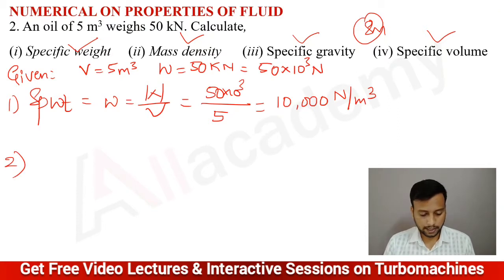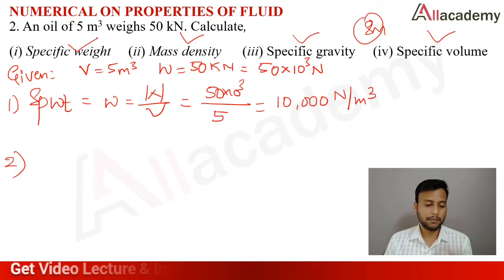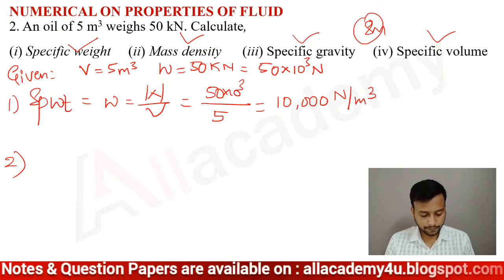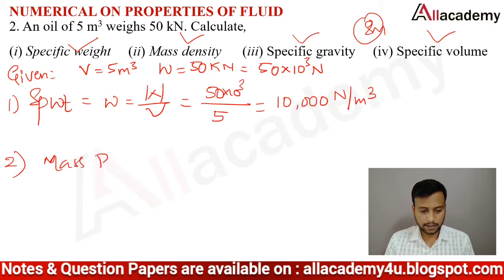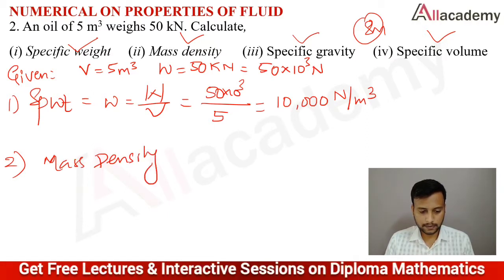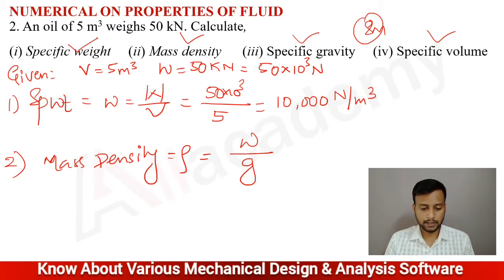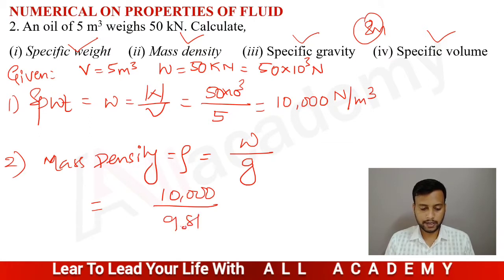And the next one is mass density. What is mass density? It is nothing but density itself. Sometimes you may get confused, but mass density is simply density. It is given by rho equals small w by g, so 10,000 divided by 9.81.